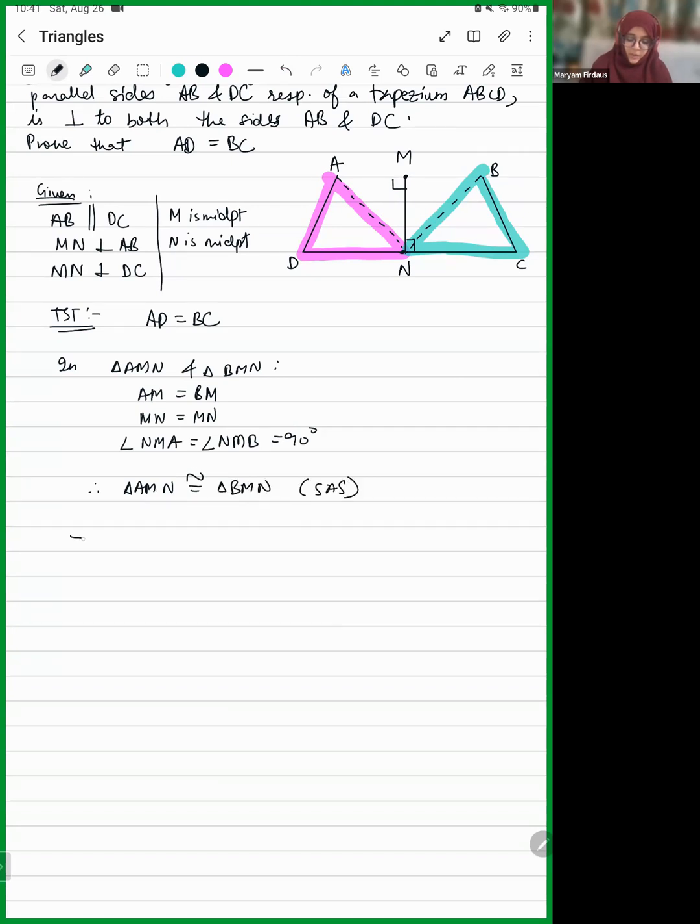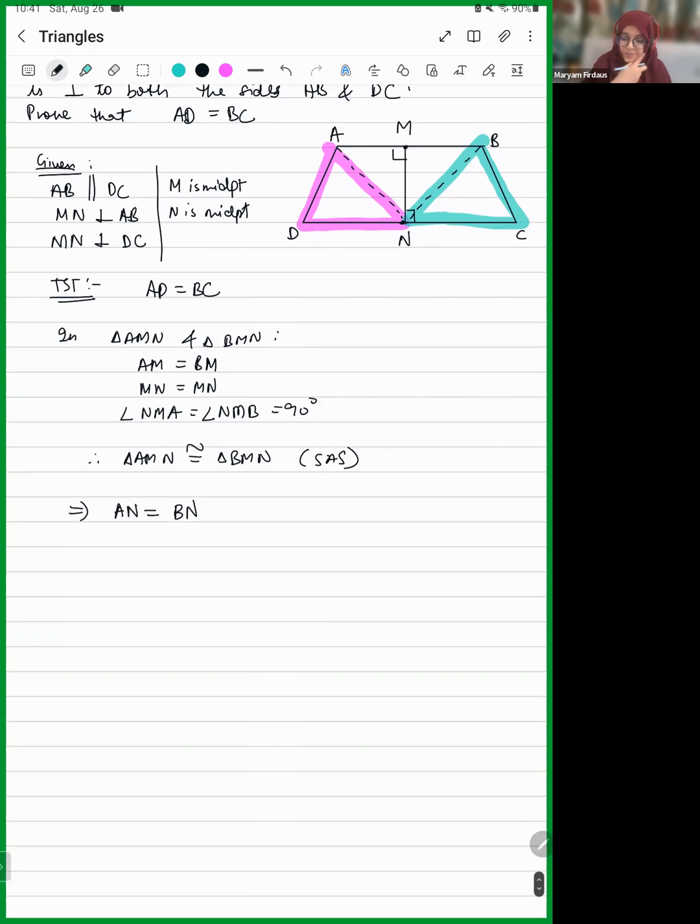That means what is equal to what now? By CPCT, BN is equal to AN. We will need one more thing. Now let's look at these two triangles. We need the angle BNC and AND, but that angle doesn't come in these two triangles.